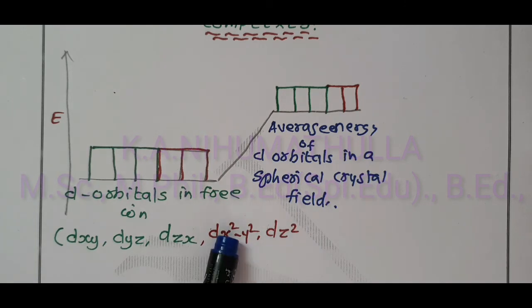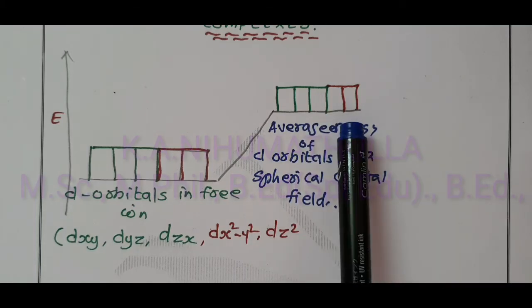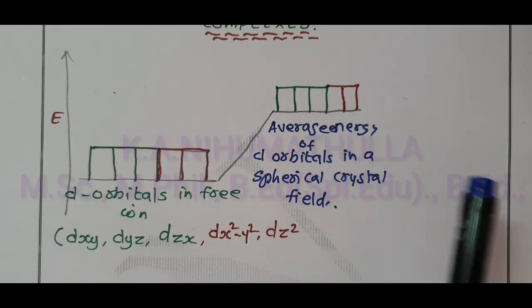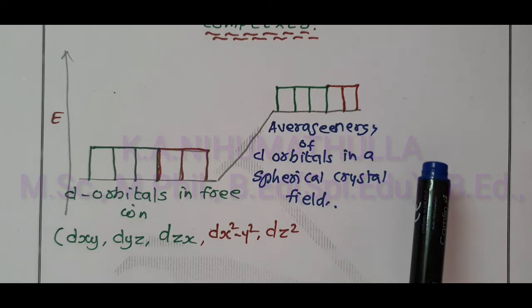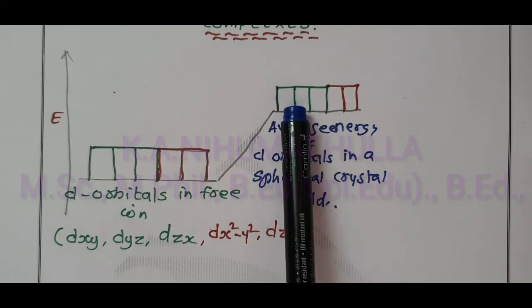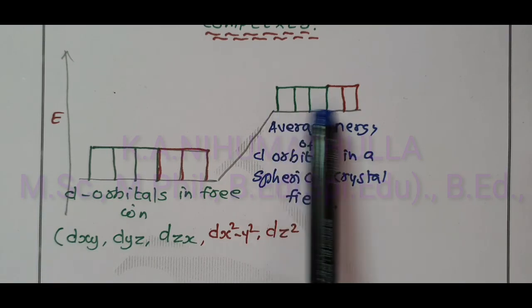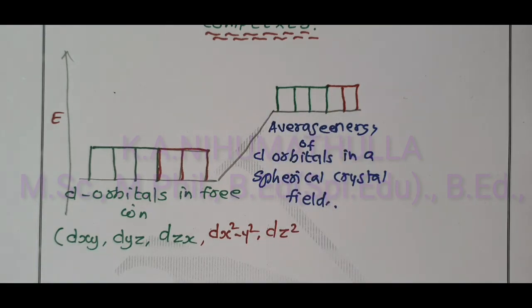These two orbitals are approaching the ligand in the x, y and z axes. But here no orbital approaches the central metal ion along the actual x, y, z axes. But these three orbitals dxy, dyz and dzx are pointing close to the direction in which the ligands are approaching.